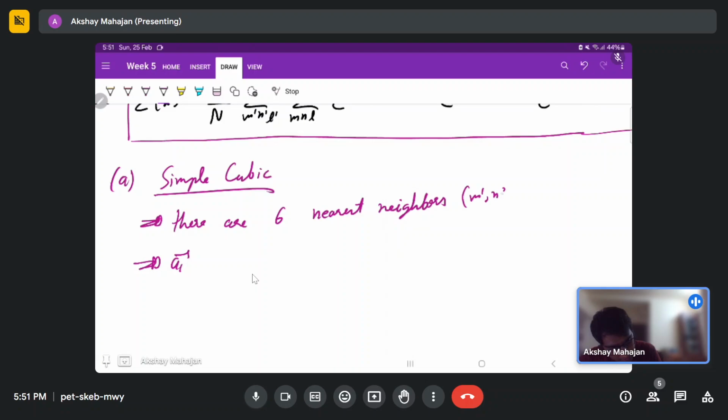So we need to know m prime, n prime, l prime, the nearest neighbor coordinates, and also the lattice parameters.